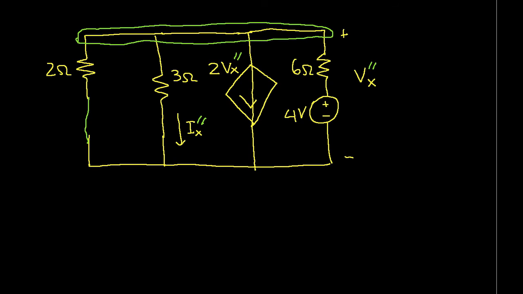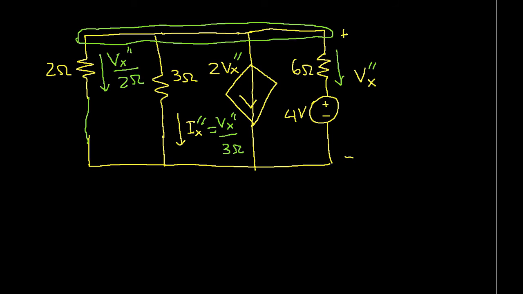And so we have the current going through the 2 ohm resistor will be Vx double prime over 2 ohms. The current going through the 3 ohm resistor, which is Ix double prime, will be Vx double prime over 3 ohms.